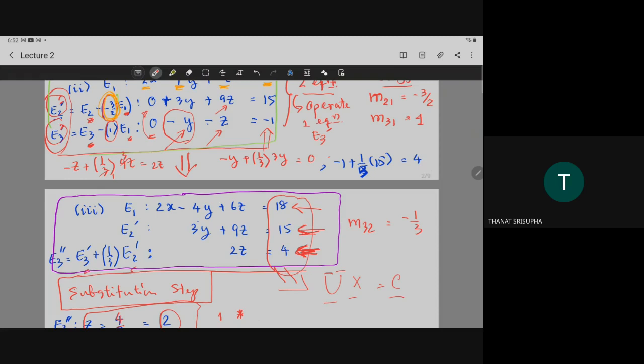So Gaussian elimination is, in a way, the way of decomposing matrix A so that at the final stage we have Ux equals c. And U is just 2, 4, minus 4, 6, 3, 9, 2. So the coefficients of the last stage you can just read out from the Gaussian elimination.